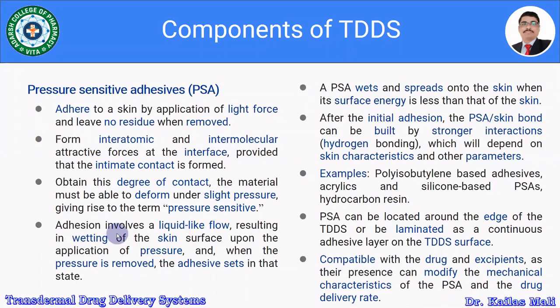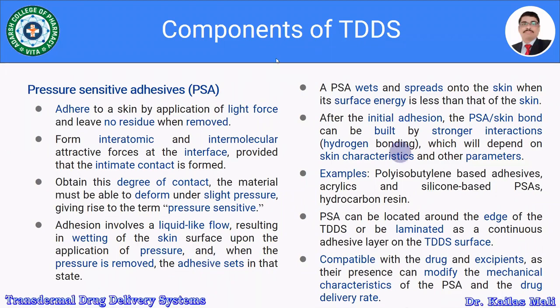Adhesion involves liquid-like flow resulting in wetting of the skin surface upon the application of pressure, and when pressure is removed, the adhesive sets in that state. So simply, when we apply the pressure, it flows like a liquid and gets adhered to the skin, and when we release the pressure, the adhesive sets in that particular state.